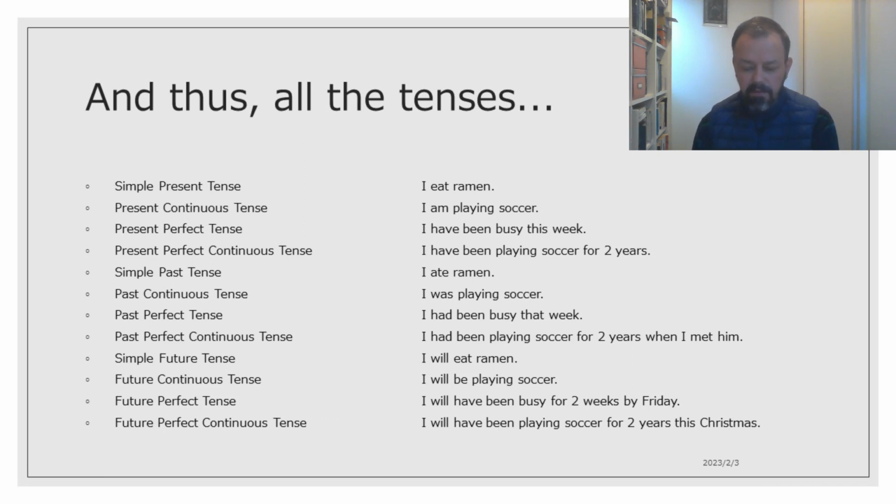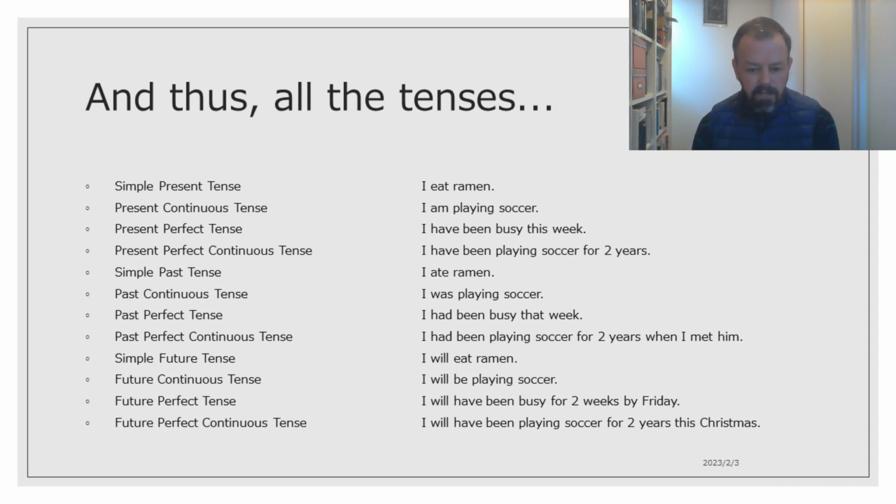So in this case, the first action is meet. I met him. And in the period before that meeting, the person had been playing soccer for 2 years. And at the time of meeting, they were still playing soccer.